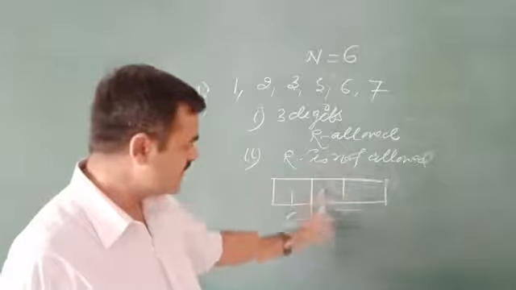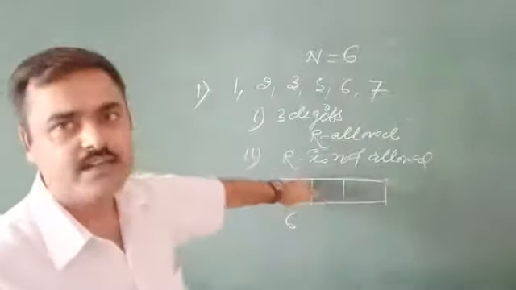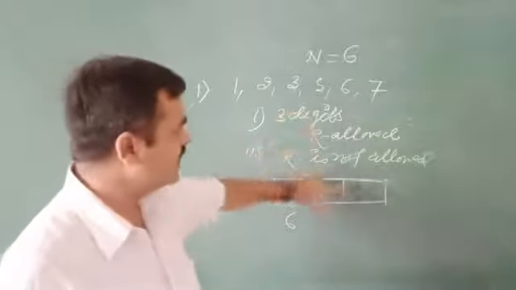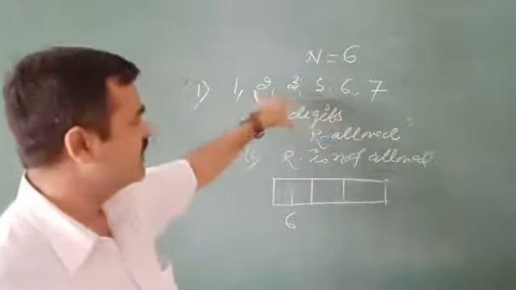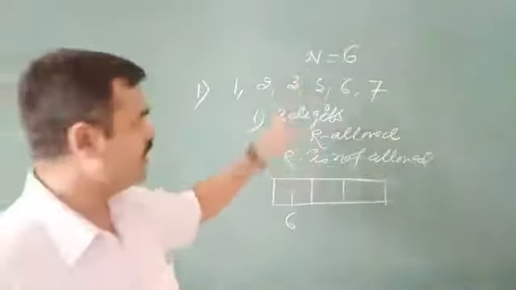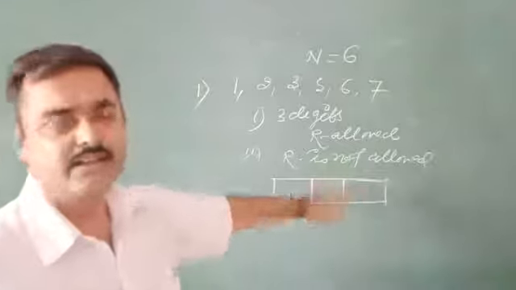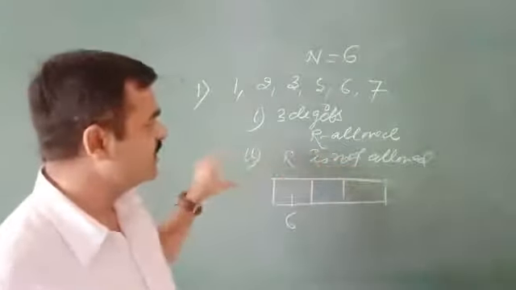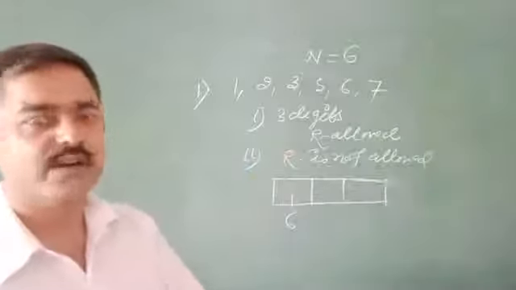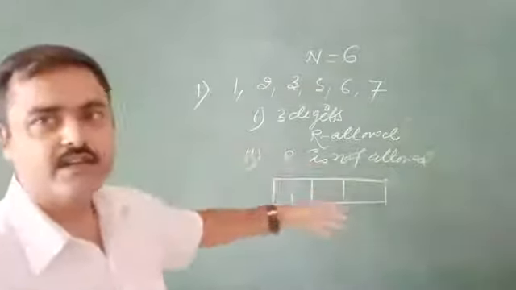Then 2 places are already filled, 1 place is remaining, and the digits remaining are 4. So out of 4, 1 digit can be placed here. In this way, if repetition is not allowed, you can find the total number of 3-digit numbers.